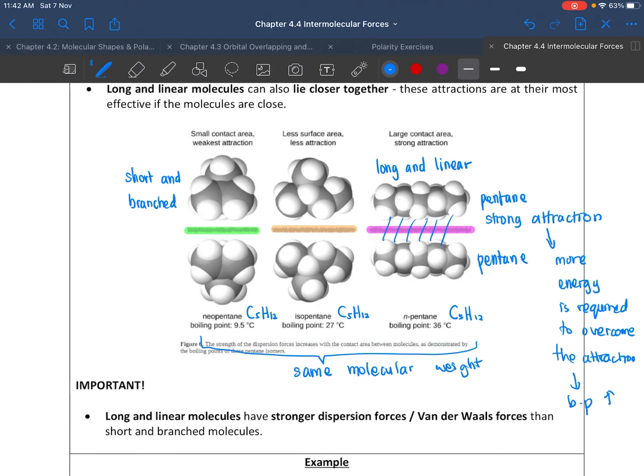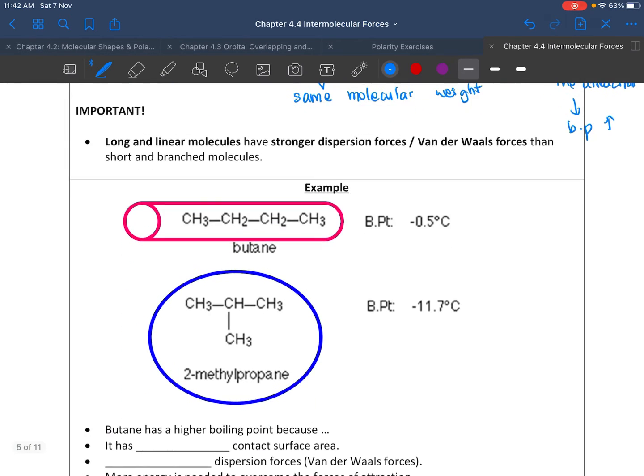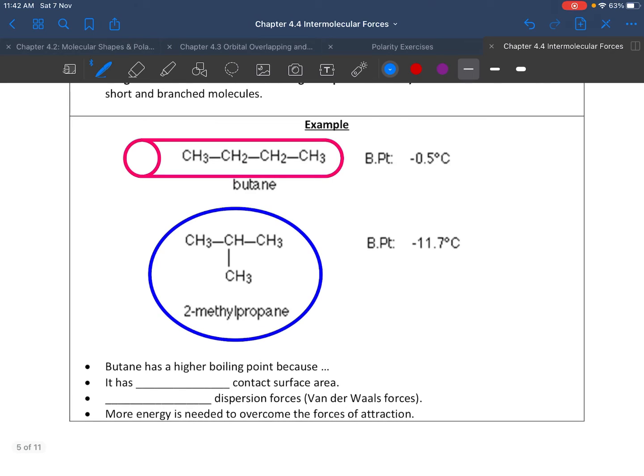Okay. Right, so below this there is another example. This is clearer because you can see the structure, how the carbon and hydrogen are arranged. So this is butane. If pentane has 5 carbons, butane has 4 carbons.